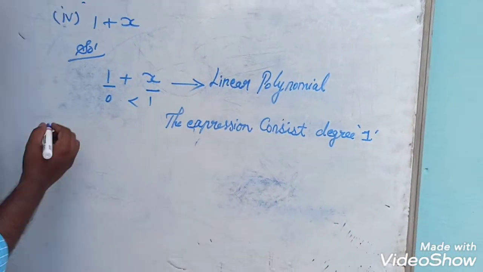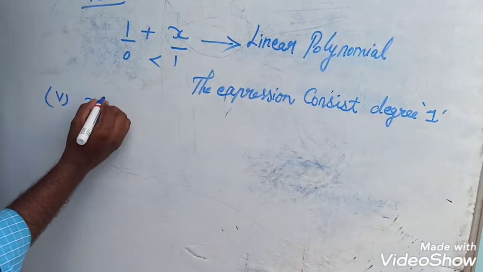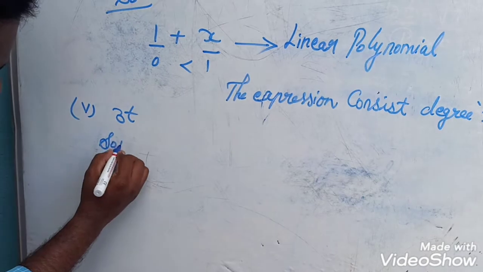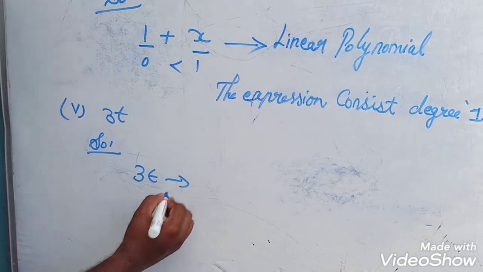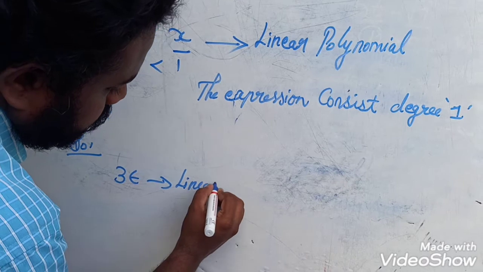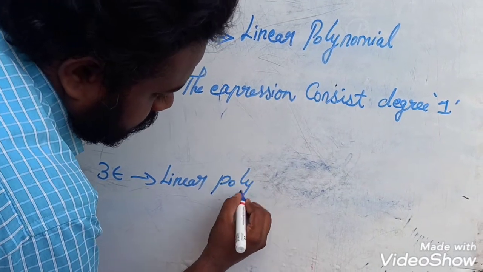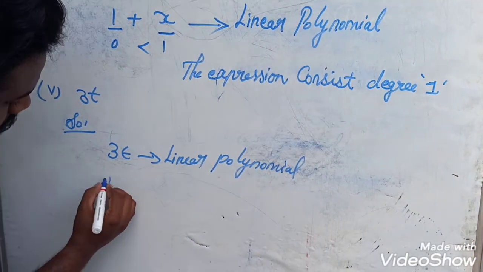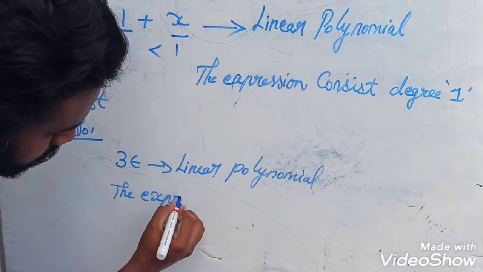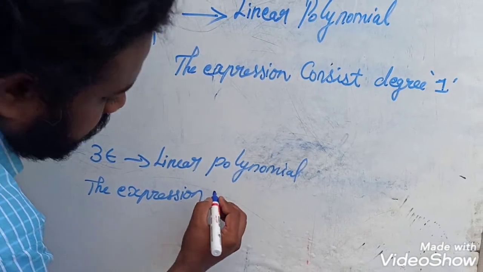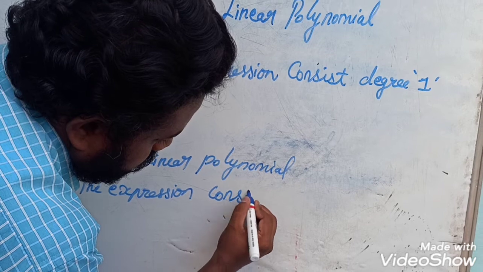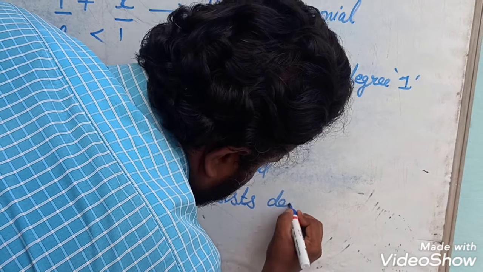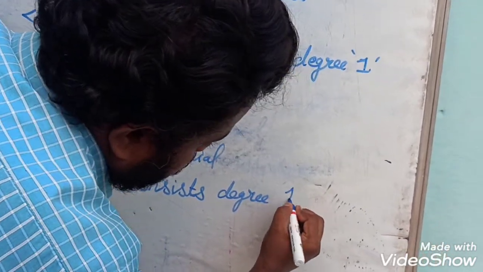In the same way, question number 5: 3t. Here there is only one term, so you need not compare with any other. Directly write the answer. It is also linear, because the highest exponent is 1. The expression consists of degree 1.